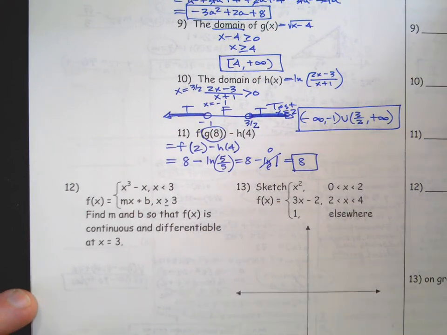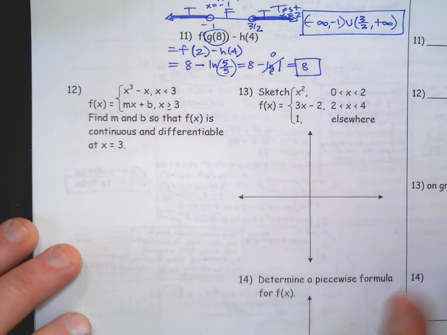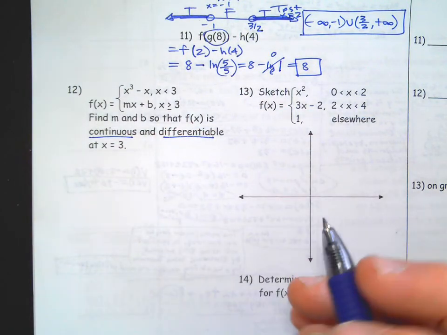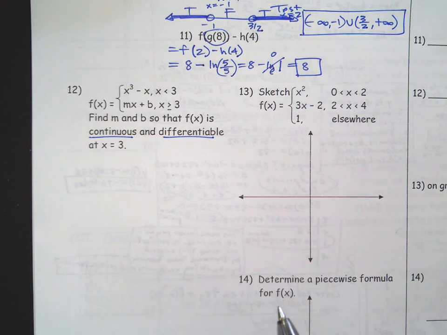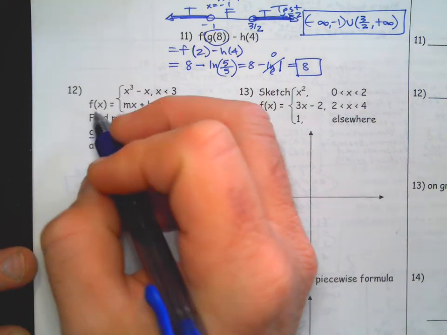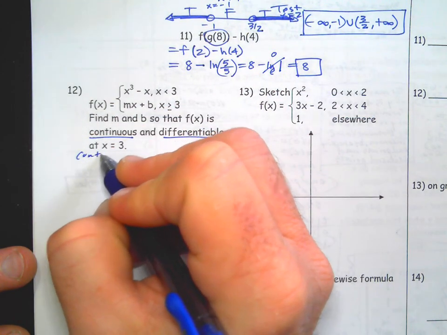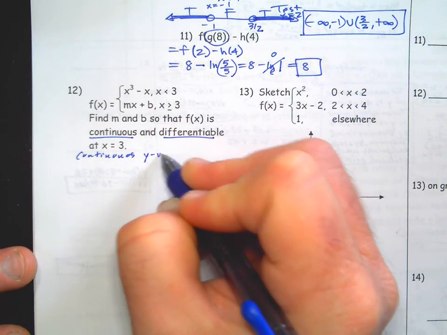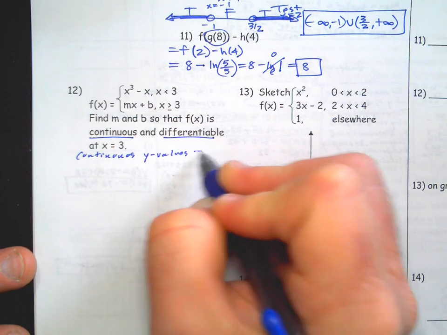Okay, number 12. Find m and b so f of x is continuous and differentiable. So we're not trying to decide if it's continuous or differentiable. You want to make it continuous and differentiable. So there's two issues. Continuity means that the y values at the transition are equal to each other.